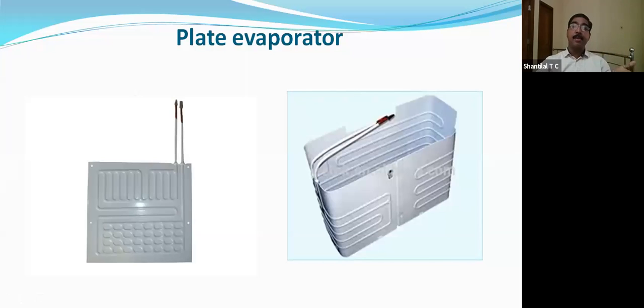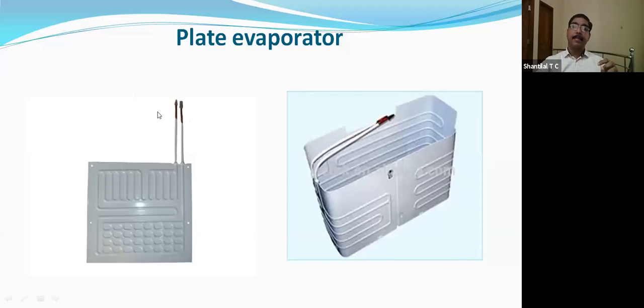Plate and tube means first there is a plate, and above the plate a tube coil is fixed on the plate. That is known as plate and tube type. Plate type means there are no extra tubes between the plates. Channels or grooves are provided. That is plate type. Both have a small difference.